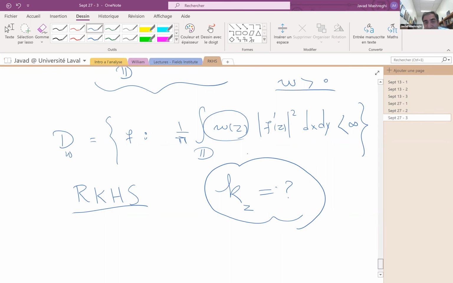Completely opposite to this will come probably next week, or the week after, when we study Moore's theorem. By Moore's theorem, we will see that when we have a kernel, we can construct a space. So we start with the kernel, it's the first line. We construct a space, but at the end of the day, we have an RKHS for which we do not have a formula for the norm.